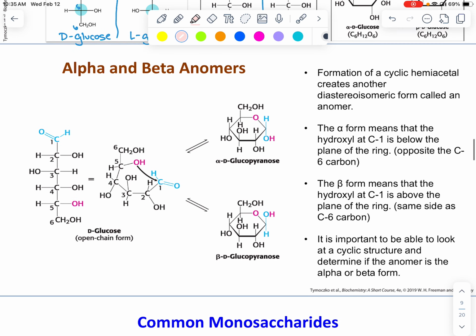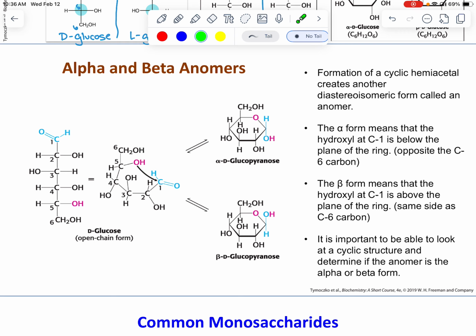When we have a straight chain monosaccharide that forms a cyclic structure, remember, the hydroxyl on the penultimate carbon's oxygen is going to attack the carbonyl. Here was our carbonyl, that number one carbon right here.